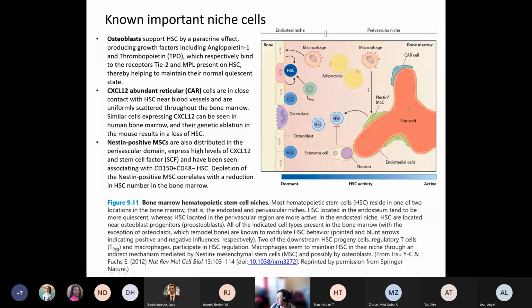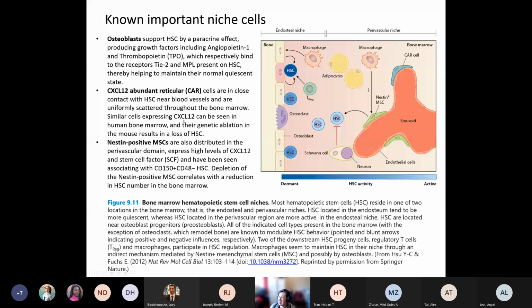So they express CXCL12, while the HSC will express a receptor for it. Basically, CXCL12 is a growth factor, the ligand, while the HSC will express a receptor called CXCR4.